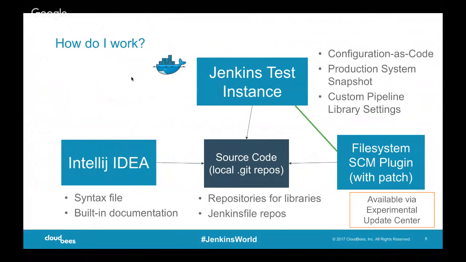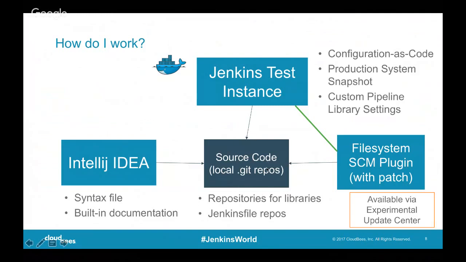And in order to be able to work locally from my IDE, I use several hacks. For example, I use the File System SCM plugin in order to connect Jenkins to a local directory mounted via volume in Docker. And it acts as a kind of local repository located on my machine.